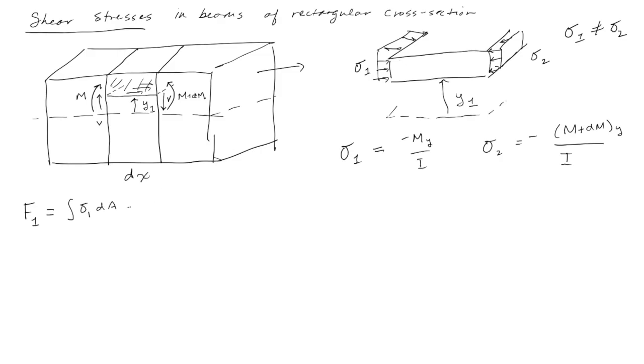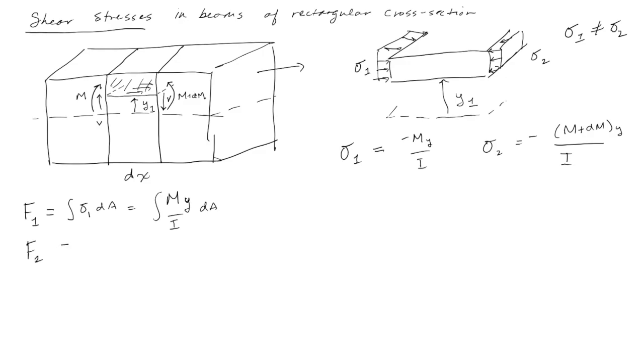And so that's M y over I dA. I'm going to drop the minus sign for a minute because I'm going to talk about the sign convention for shear in just a moment, so let's not complicate things by losing the minus sign. So F1 looks like that.